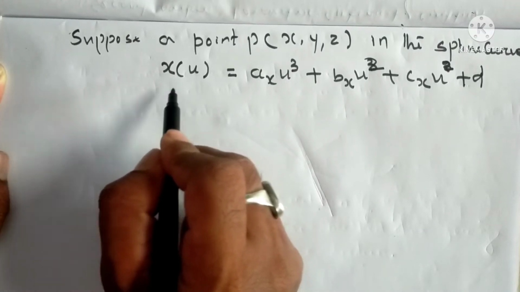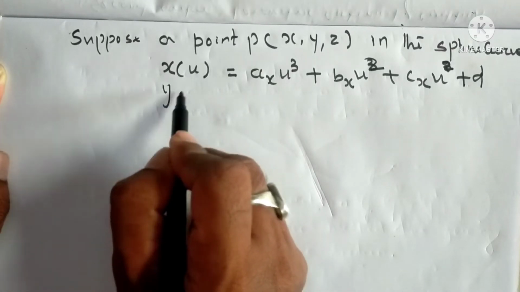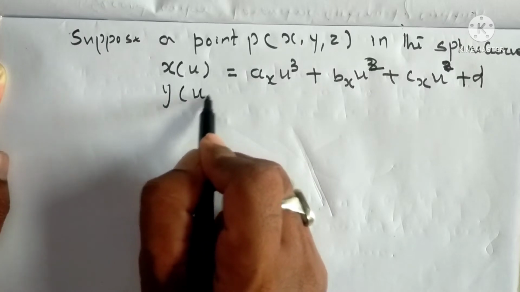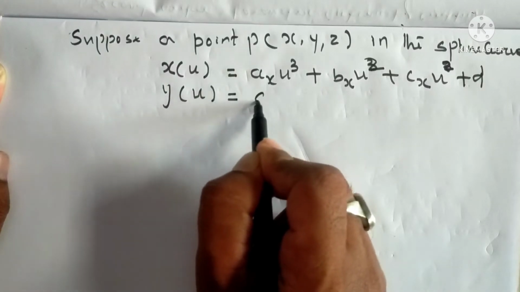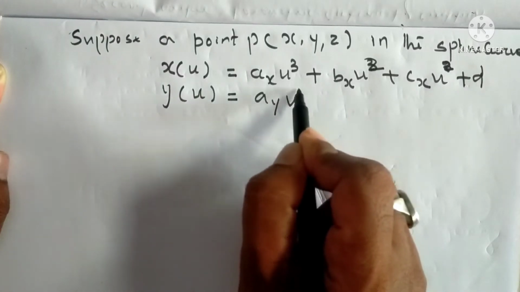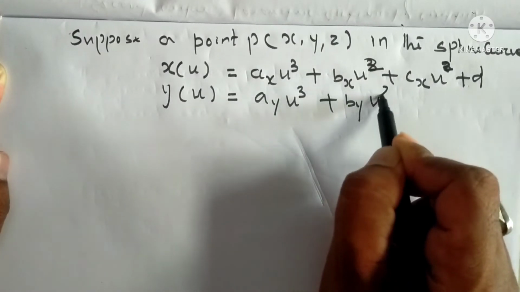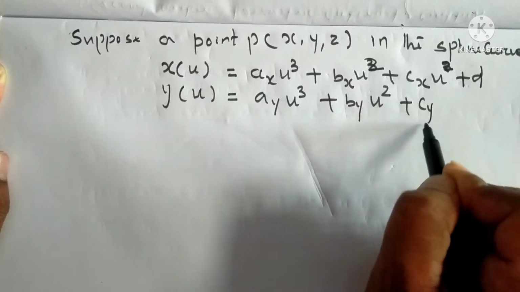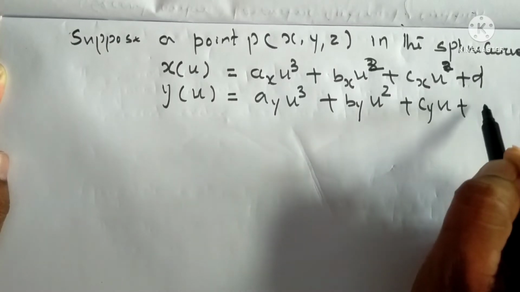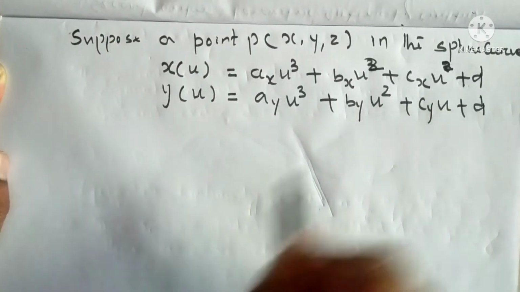Similarly, for the same point P, the y coordinate is represented as y of u equals a y u cubed, b y u to the power 2, c y u plus d.